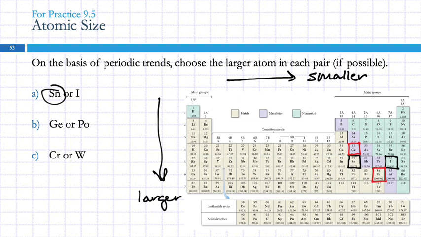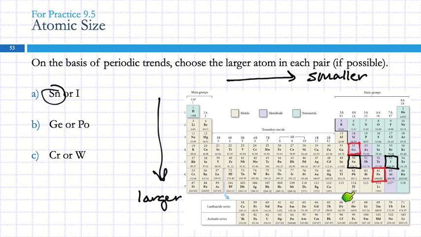Okay, so this one's at an angle, right? So if we think about going across, that predicts that polonium would be smaller, but going down, that predicts that polonium would be larger. And so a valid answer to this would be, it's not possible to tell, because the two trends are opposing each other.